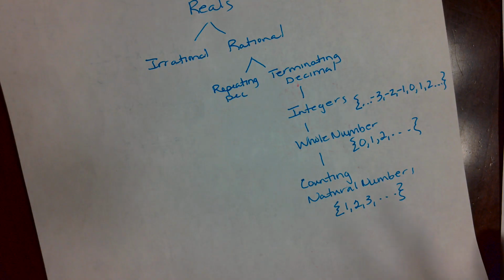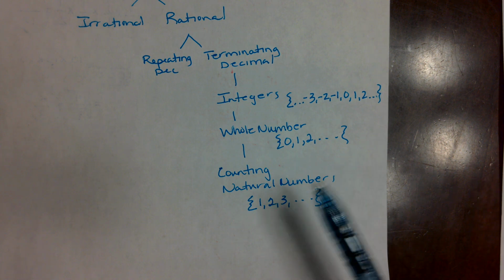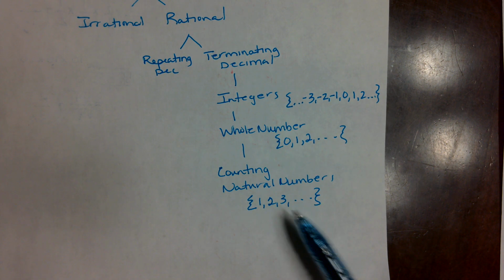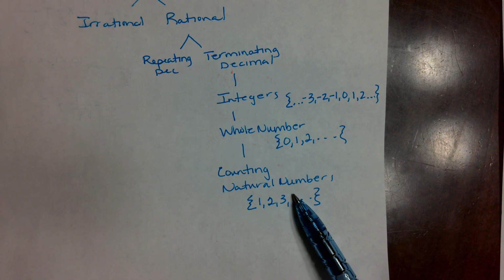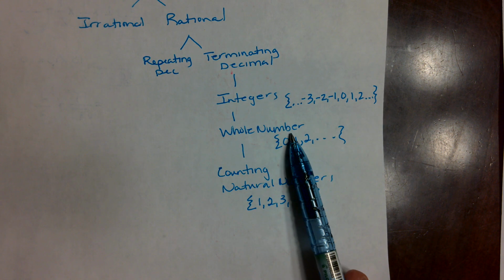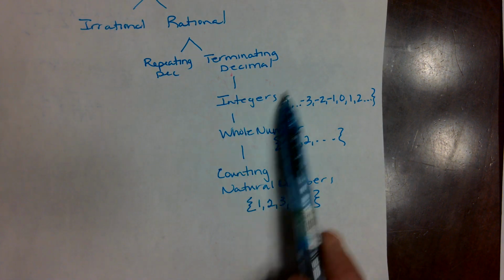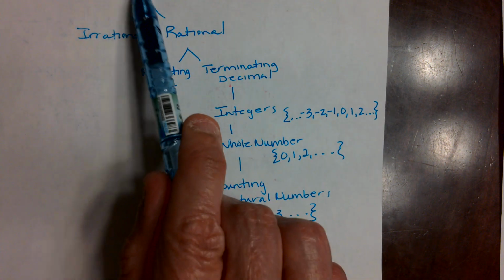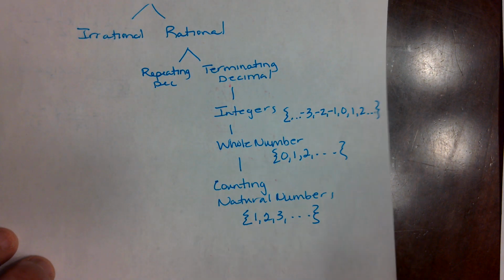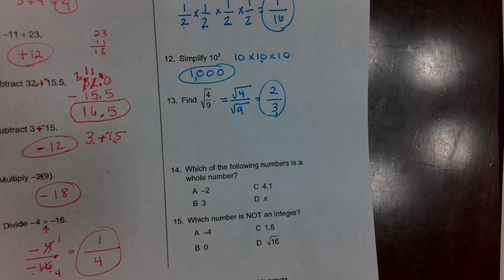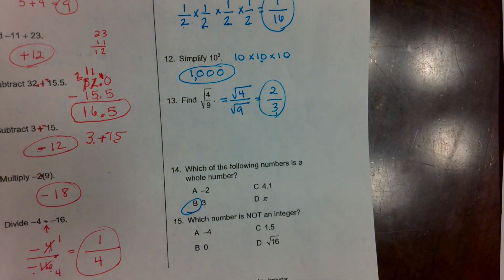Where would 3 fall? 3 would fall here. So remember, since it's this, what else is it? It's also a whole number. It's also an integer. It's also a terminating, rational, and real. Remember, it's everything above it. Okay, so currently that is our answer.